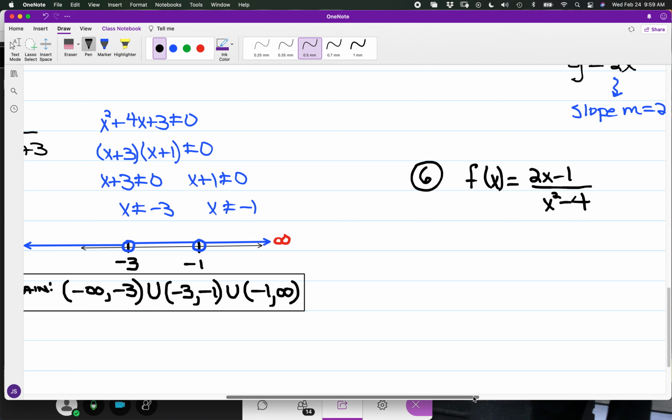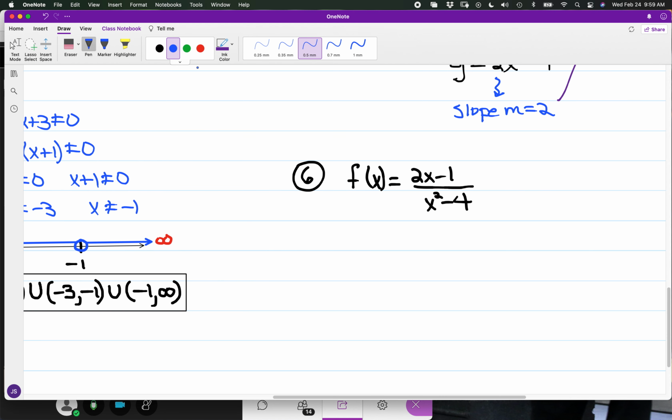In the case of the domain, just like x squared plus 4x plus 3 in the denominator, we have x squared minus 4 now at the bottom part of the fraction, and it is now that which cannot be equal to 0. So with x squared minus 4, if this cannot be 0, the factors cannot be equal to 0 either. And here we have a difference of squares. We have x plus and x minus the same amount, namely 2.